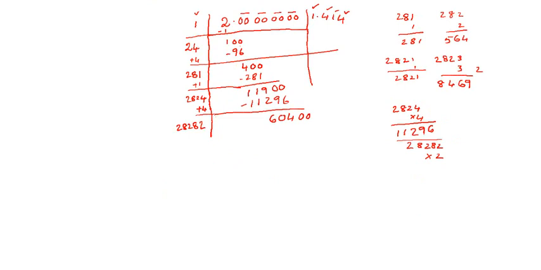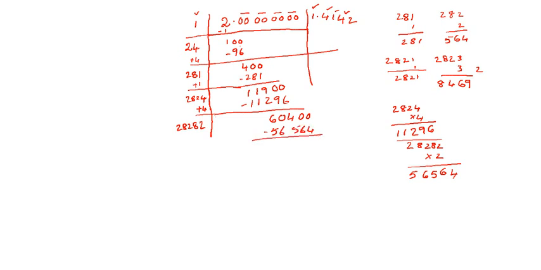What you get? 2 2s are 4, 2 8s are 16, 2 2s are 4 plus 1, 5. Then what you get? 56,564.